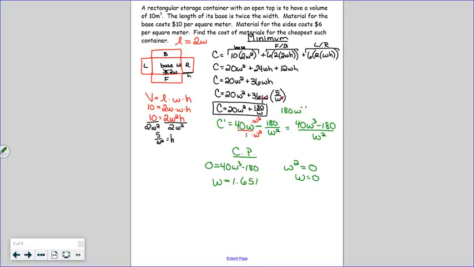We did not have a conversation right now about the domain, so let's just talk about our domain real quick. Remember that your domain decision comes from what variable we ended up deciding to write this in. And we wrote ours in terms of the W, the width. So if I go back to my volume equation right here, 10 equals 2W squared times H, the smallest W would be 0, right?